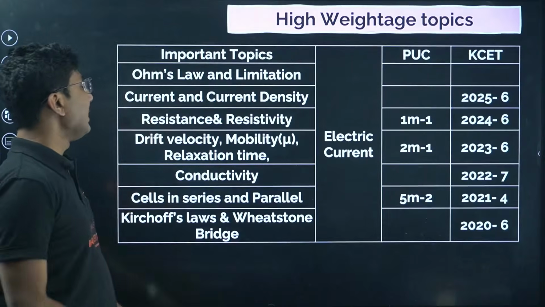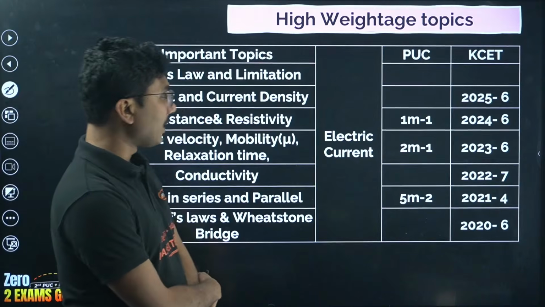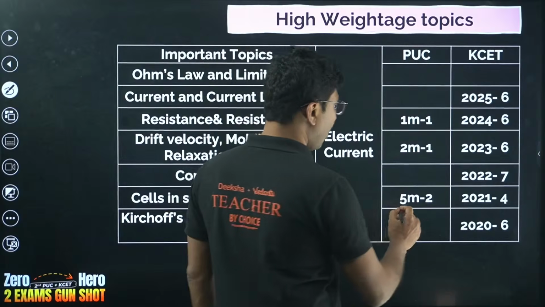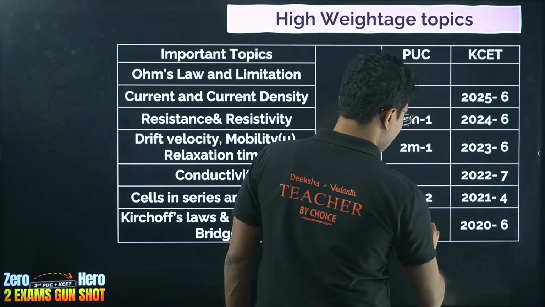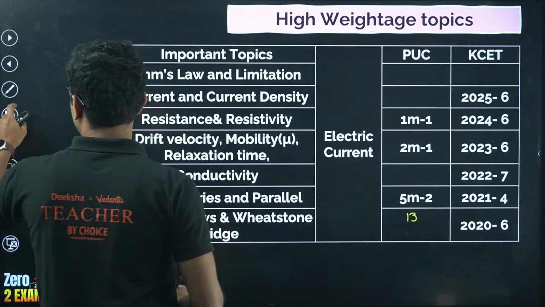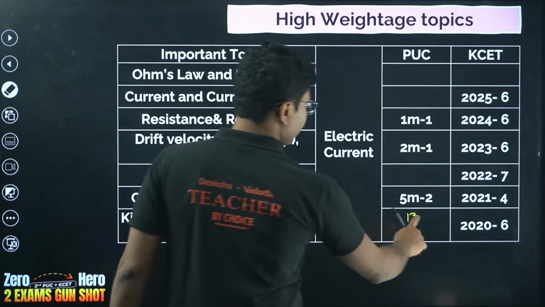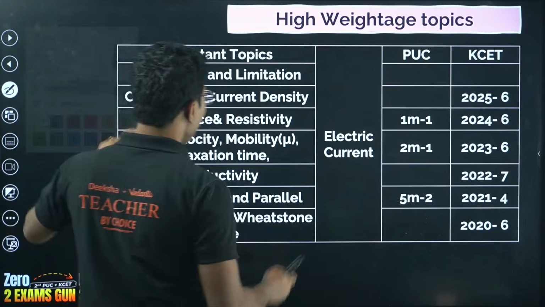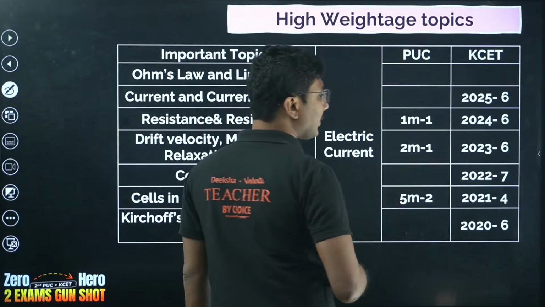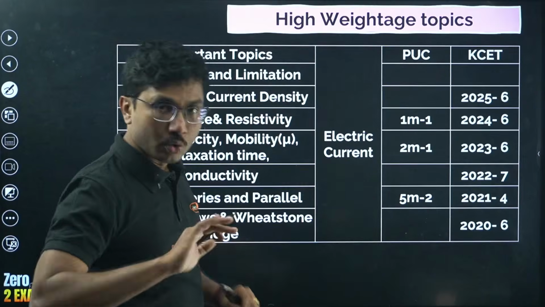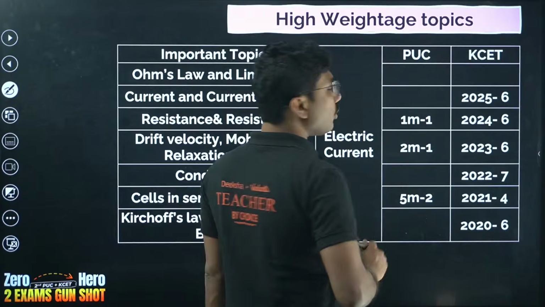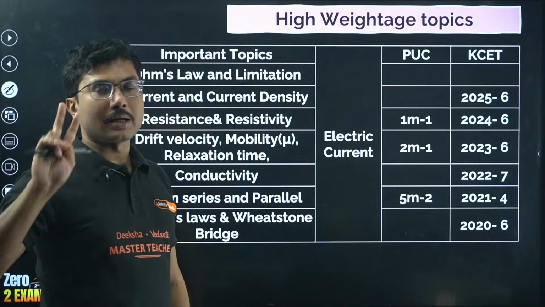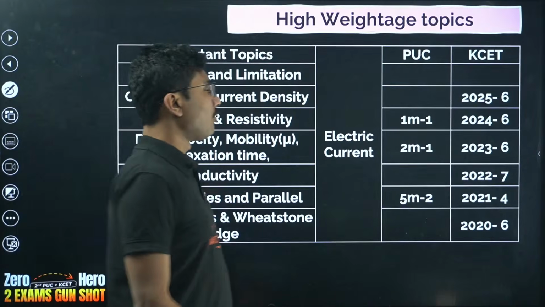If you see, from this chapter we are going to get a total of 13 marks. We are going to get one 1-marker question, one 2-marker question, no 3-marker question, but we are going to get two 5-marker questions from this chapter for PUC, right?